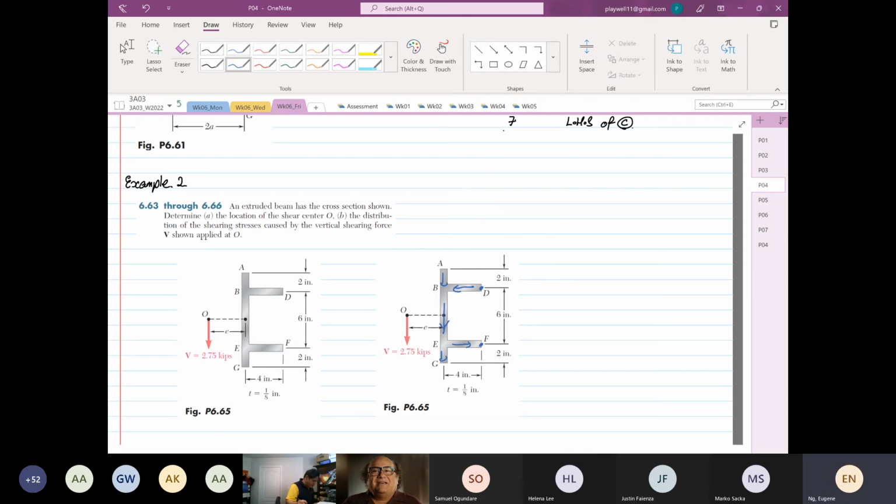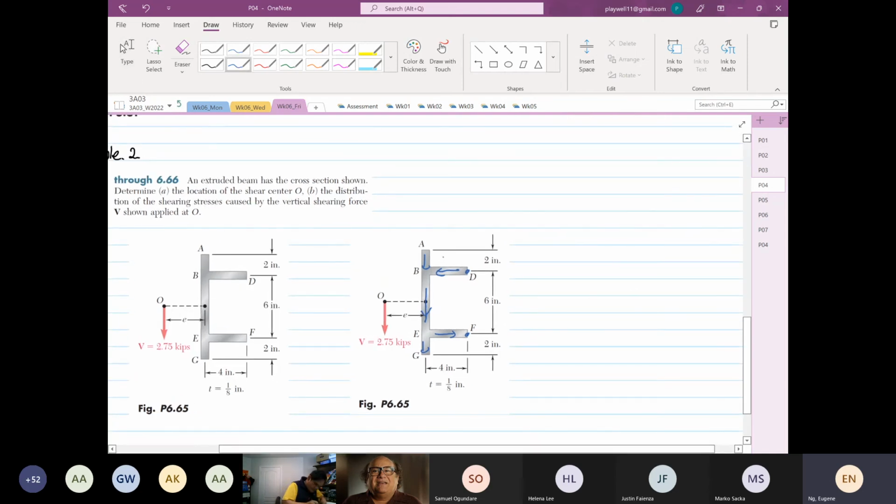So we are going to find our shear center first, and I'm going to give these names. This is our F1, this is our F2, F3, F4, and V is going down through the center. So we realize that for this case, we are going to locate the shear center.